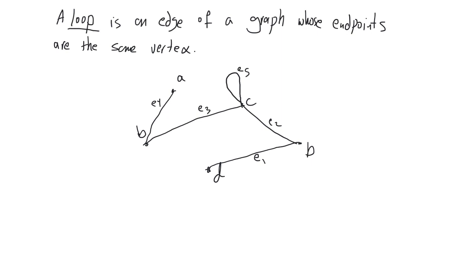My vertices here are A, B, C, D, E. Oh, sorry, I have two B's, so I should have A, B, C, D. So let's call this one G.